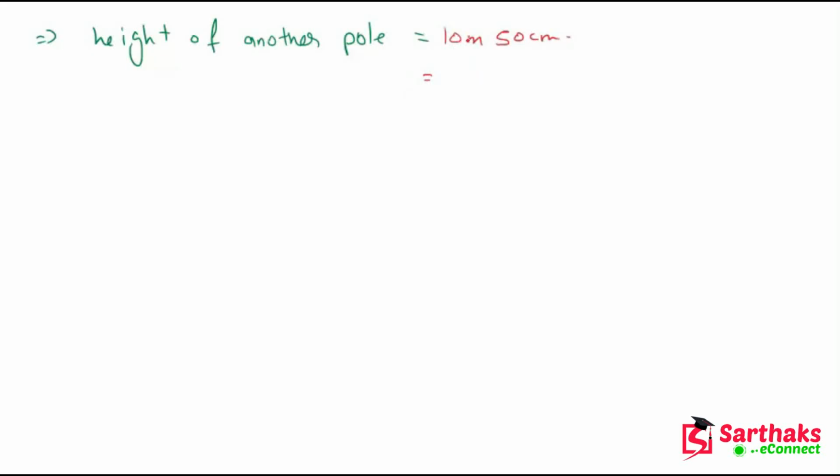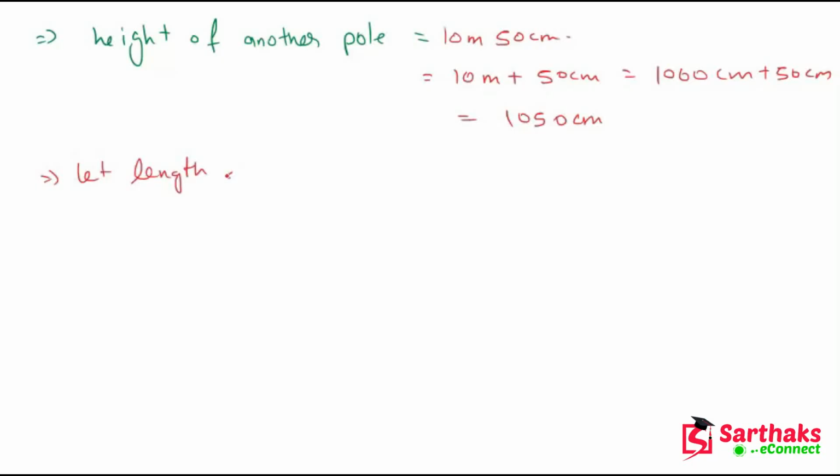We can write 10 meter plus 50 centimeter. If we multiply by 100 we get 1000 centimeter plus 50 centimeter. So we get 1050 centimeter. This is the height of the other pole.